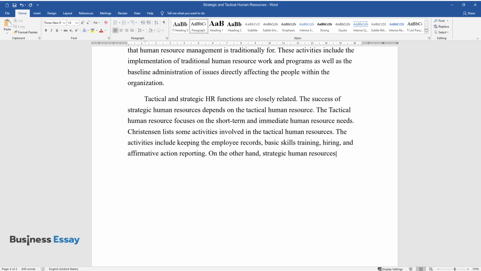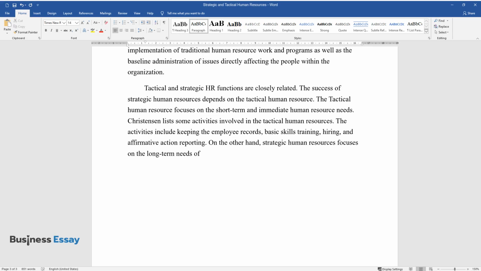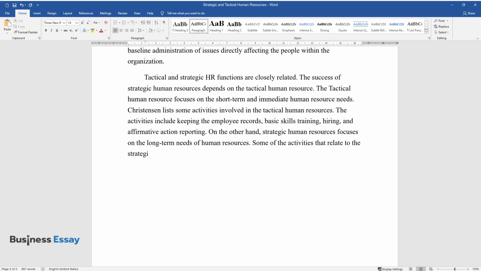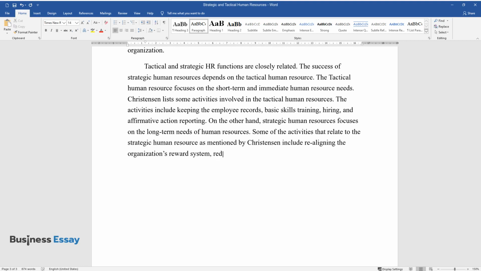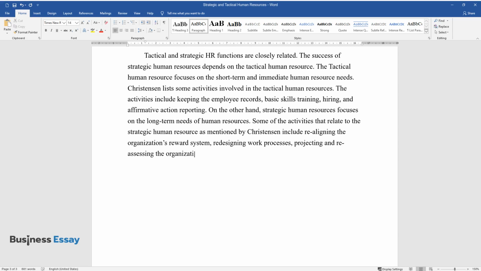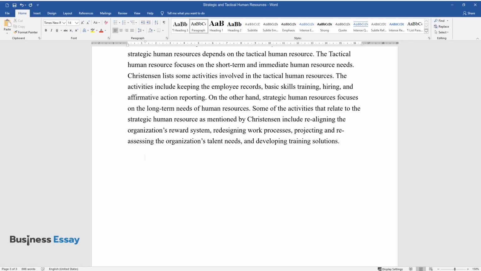On the other hand, strategic human resources focuses on the long-term needs of human resources. Some of the activities that relate to the strategic human resource as mentioned by Christensen include realigning the organization's reward system, redesigning work processes, projecting and reassessing the organization's talent needs, and developing training solutions.